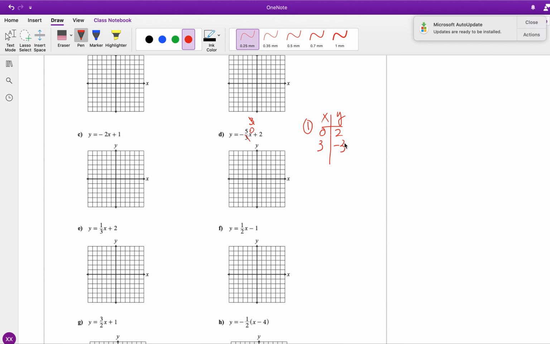All right, so then my graph is, oh, it's so bad. Positive 2 is right here, and for 3 and negative 3, so 1, 2, 3, and negative 3, 1, 2, 3. So then my next dot is right here. And this is my line. Note, always use arrows on both sides. That means the line goes on forever.